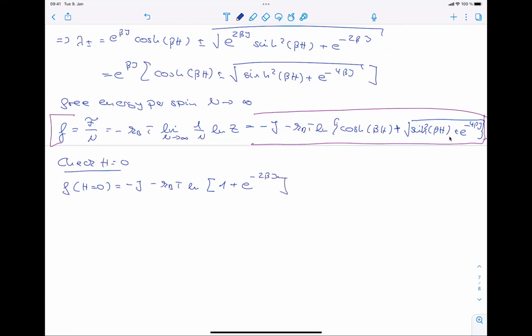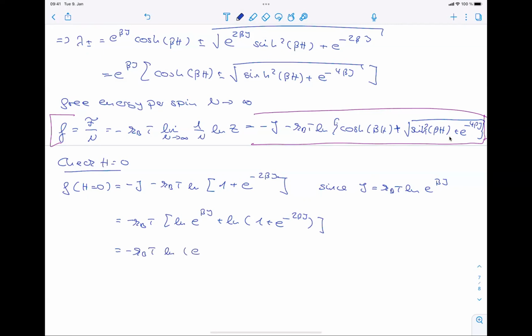And now, since j can be rewritten as kBT ln of e to the power beta j, this becomes minus kBT ln e to the beta j for the first term, plus ln copying down the second term, and now lumping them both together.